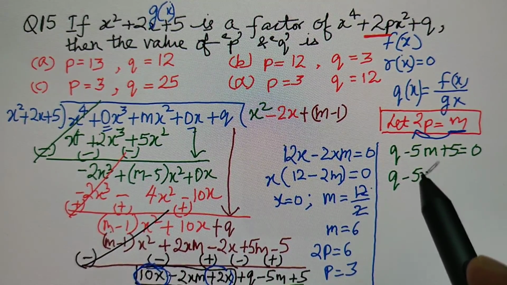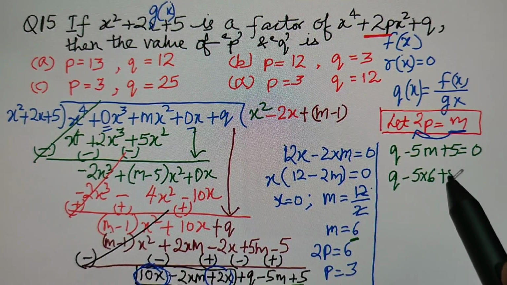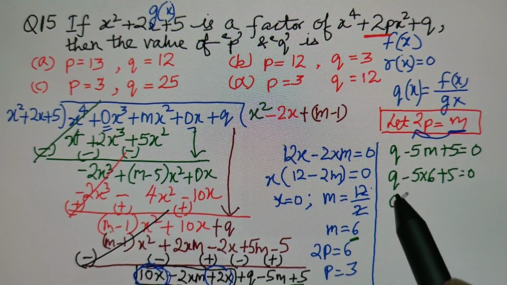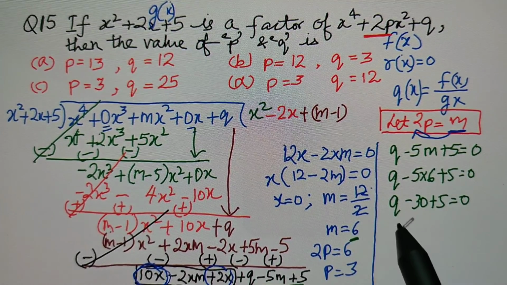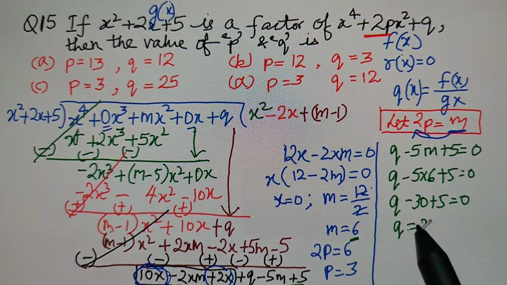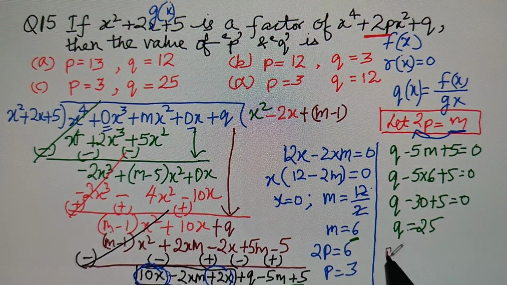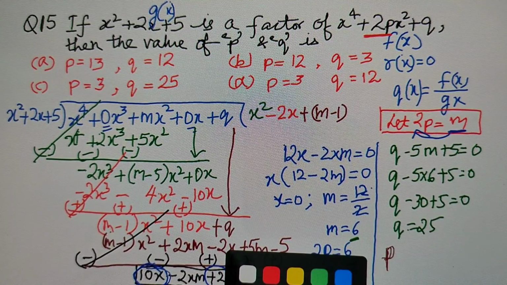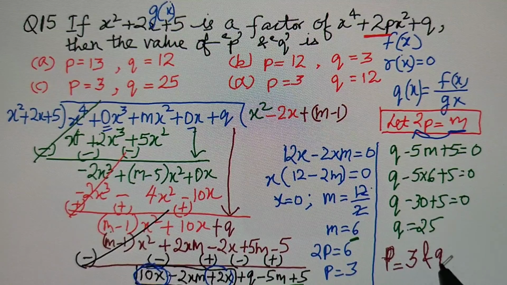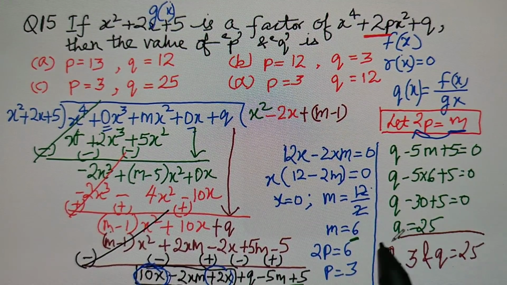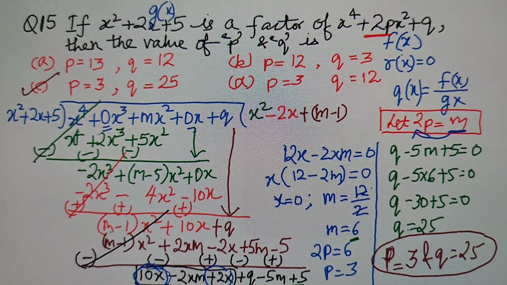The value of m is 6, so q minus 30 plus 5 is equal to 0, so the value of q comes out to be 25. So the value of p is 3 and the value of q is 25. Looking into the options, option C is the right answer.